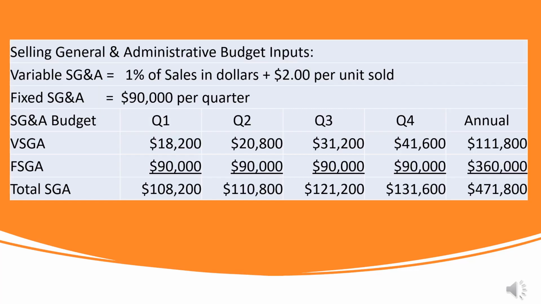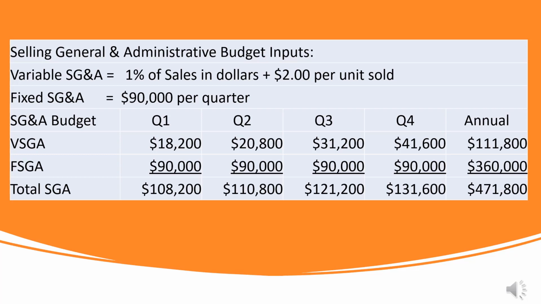To calculate our budget for the selling, general, and administrative budget, that is the SG&A budget, we take 1% of sales in dollars plus $2 per unit sold. That's the variable component. So if you'll recall, in Q1, our sales was going to be 7,000 units times $60 per unit, or $420,000.